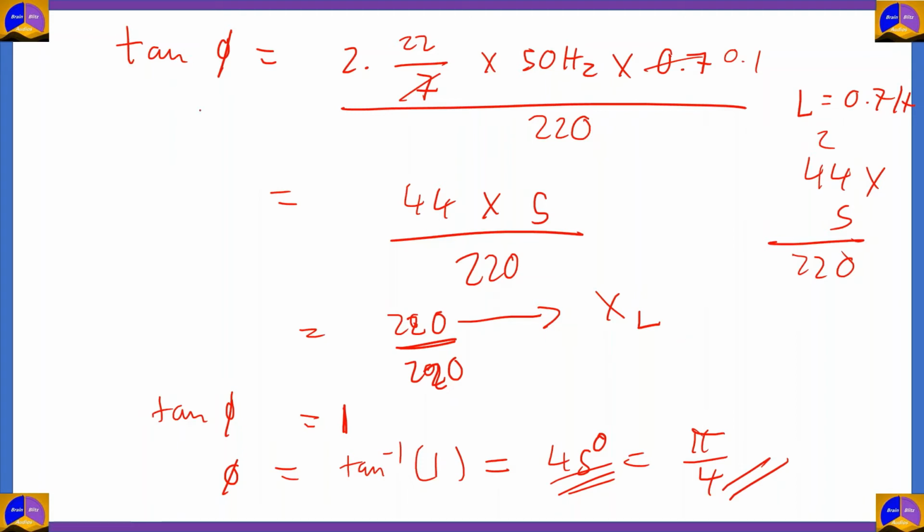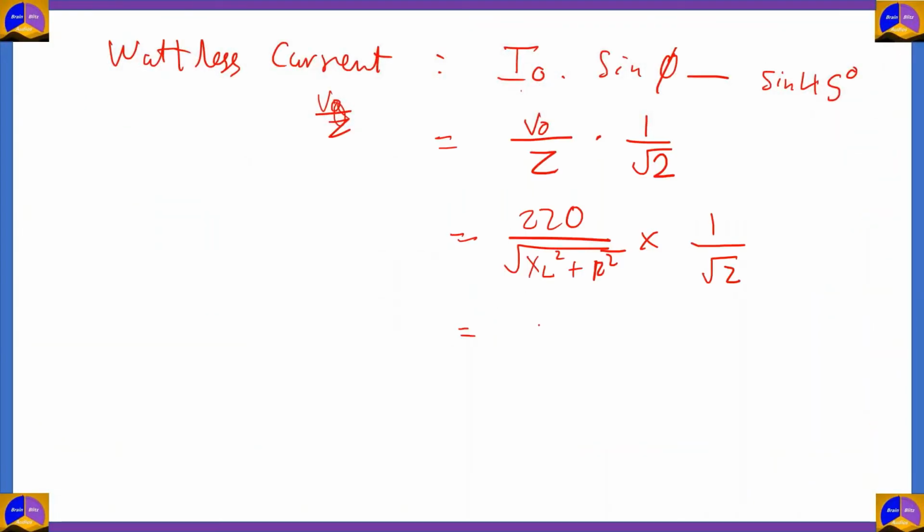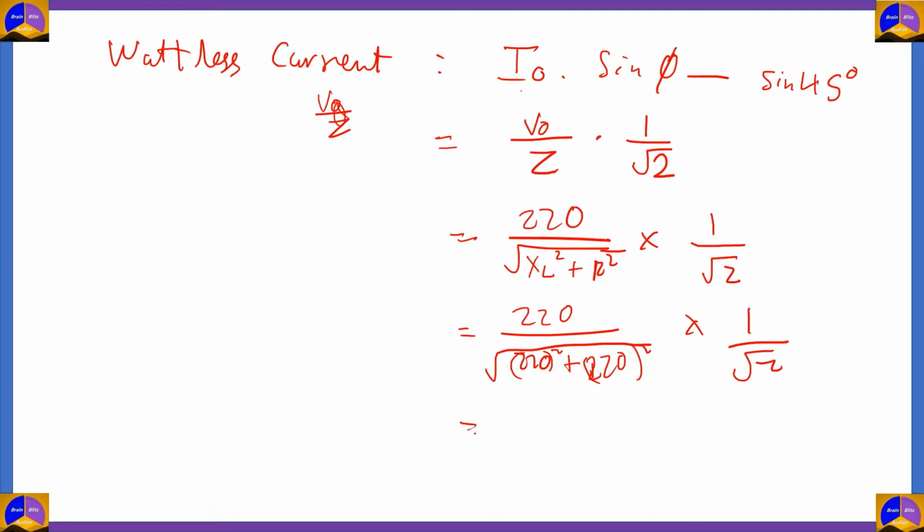Tan phi still remains XL divided by R. It's for the sake of simplicity that we plugged in the values for L and for frequency and then calculated it. So now we know that the value of XL is 220, the whole square, plus the value for resistance, which is again 220, that is also under a square. Both of these terms are under a big root, into 1 by root 2.